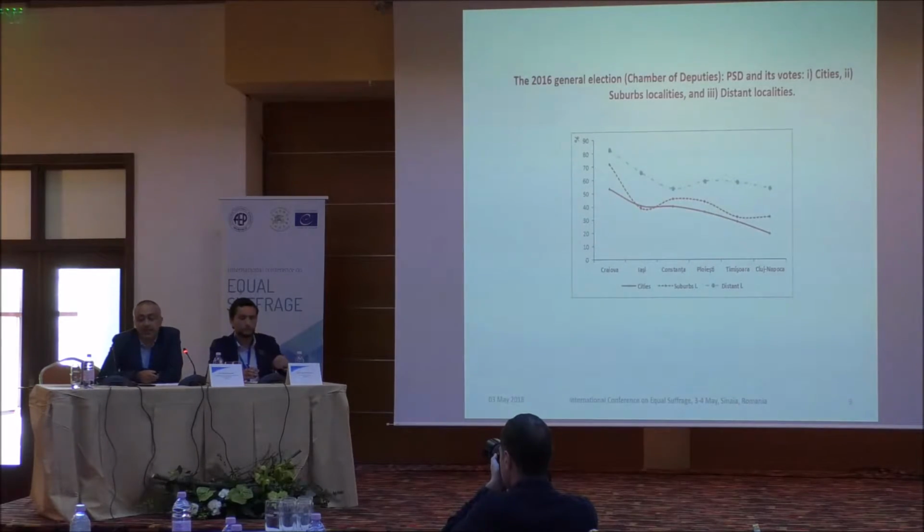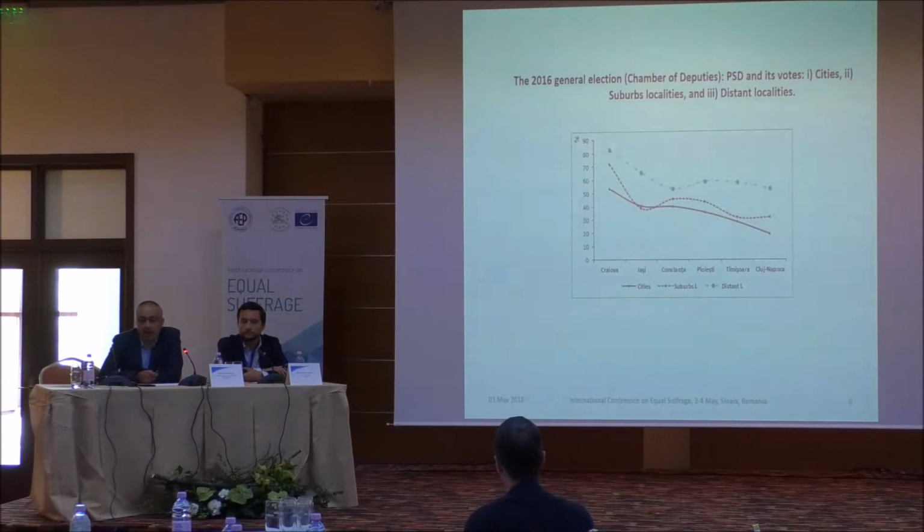I put in this figure some localities, important cities in all those regions, including Cluj-Napoca, Timișoara, Ploiești, Constanța, Iași, and Craiova.